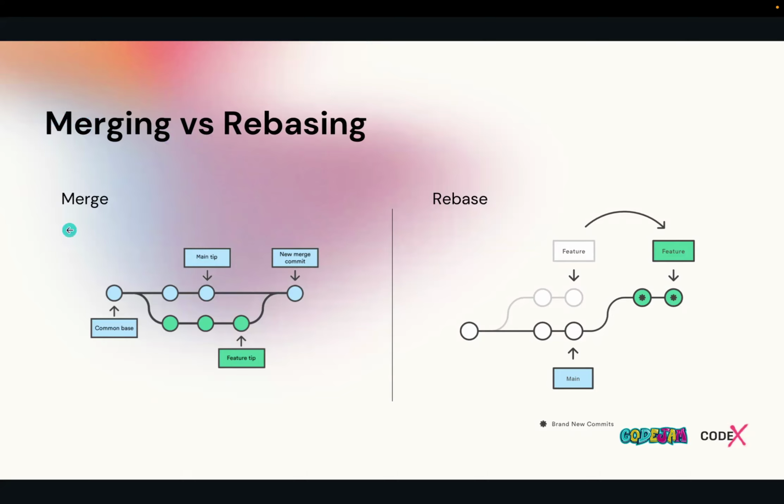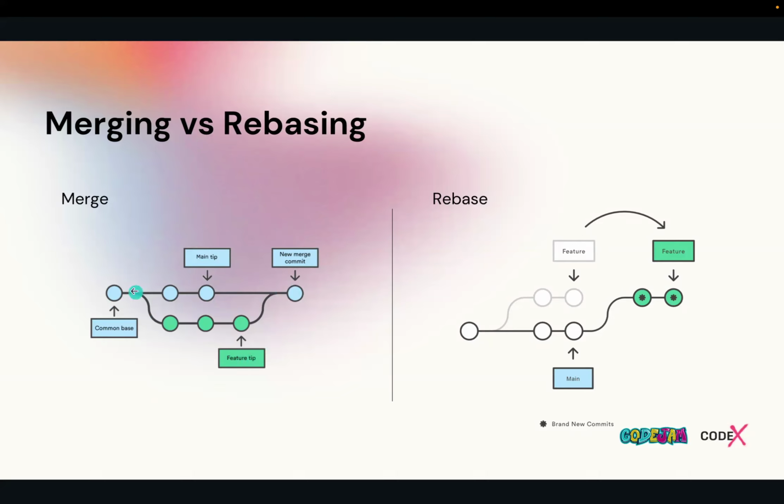Here we are comparing merging and rebasing. When we are merging things, it will not make a linear graph like on the rebase. There are some kind of branches.